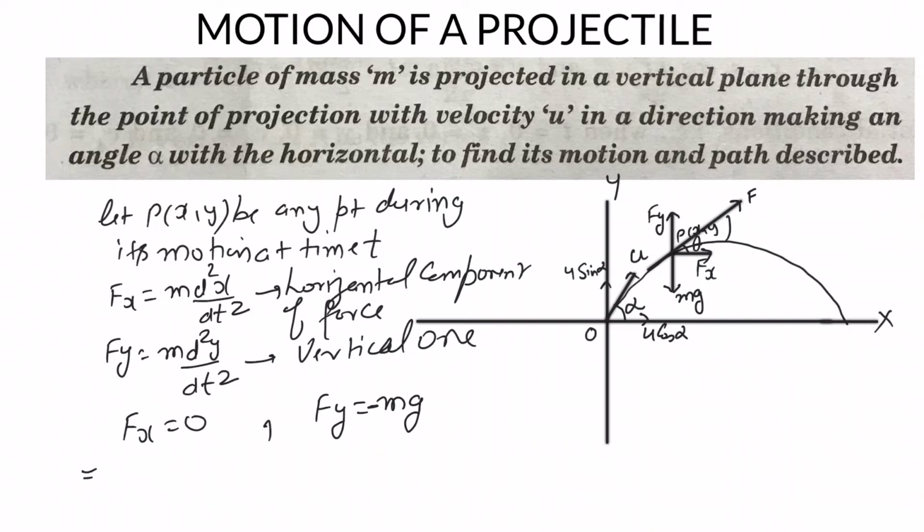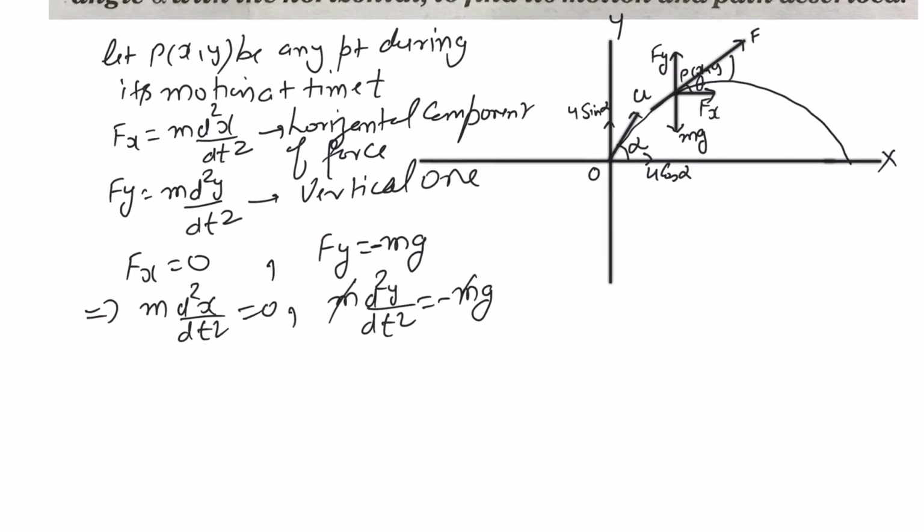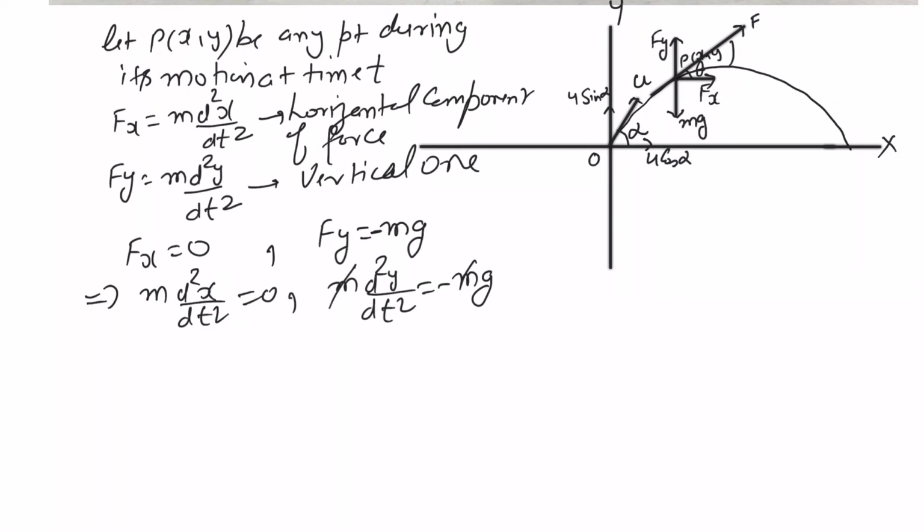Substituting the values, m d²x/dt² equals 0, and m d²y/dt² is equal to minus mg. The m will cancel out, since m cannot be 0.